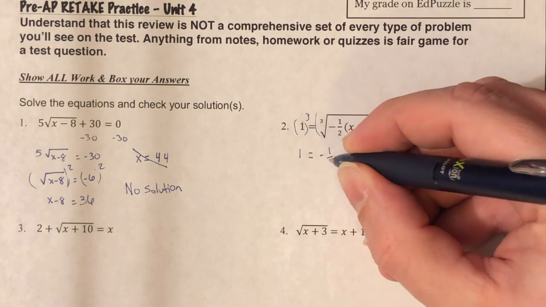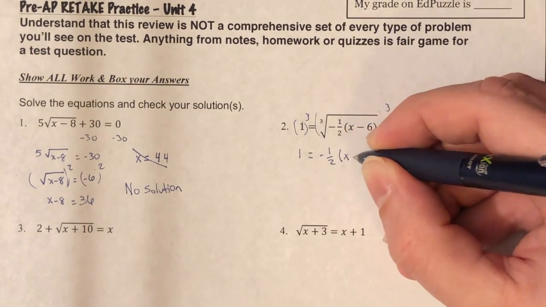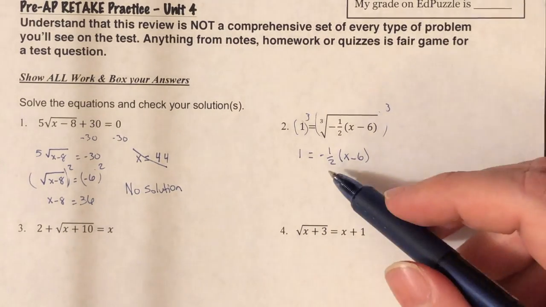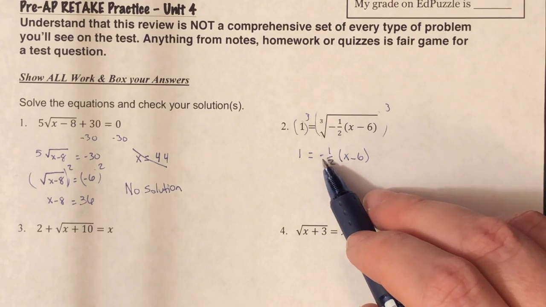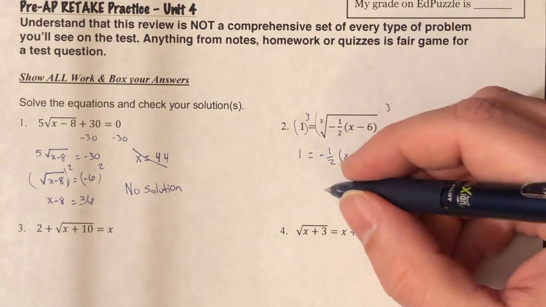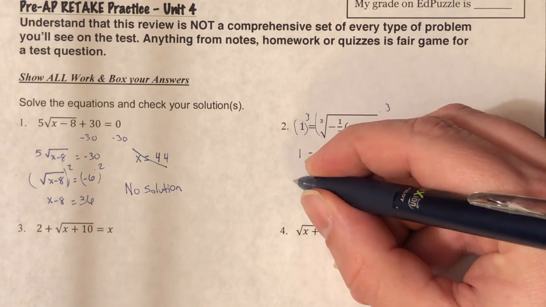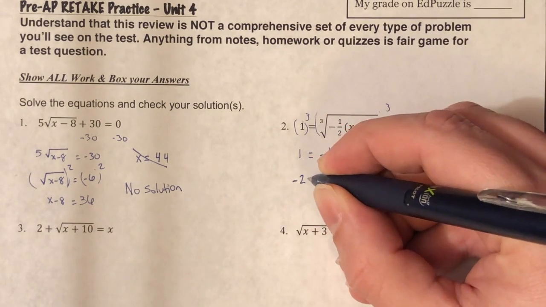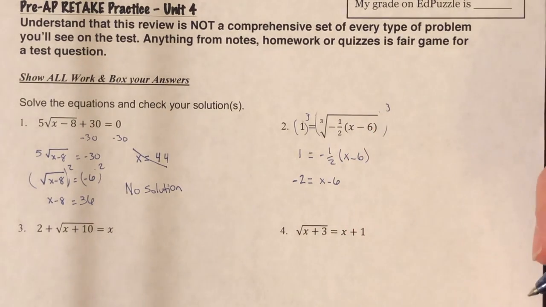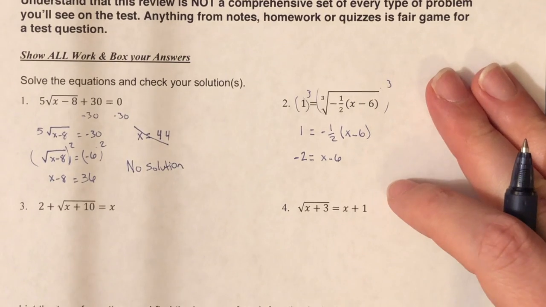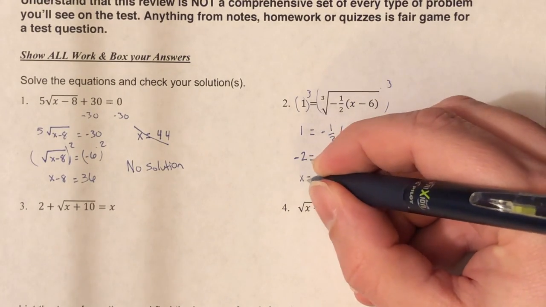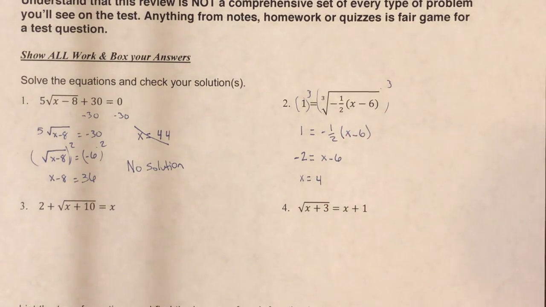So I have negative 1/2 x minus 6. Now I'm just solving for x. So if I have negative 1/2 times that, I need to multiply both sides by negative 2. So I've got negative 2 equals x minus 6. And then I add 6 to both sides. I get x equals 4.